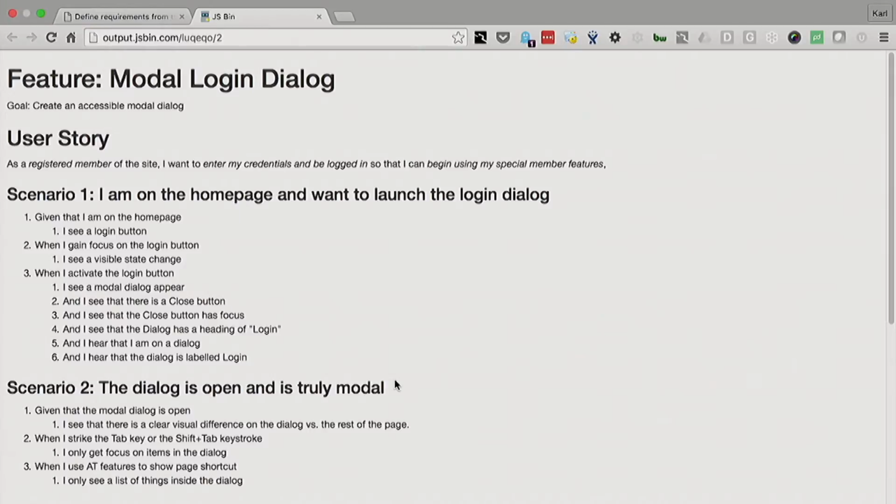And then what we're going to be developing here is a modal dialog. And the interaction needs to be defined in terms of steps that can be verified. These steps can be verified either by the programming language or the test library, which is Cucumber in certain cases. But these are all manual test steps as well.